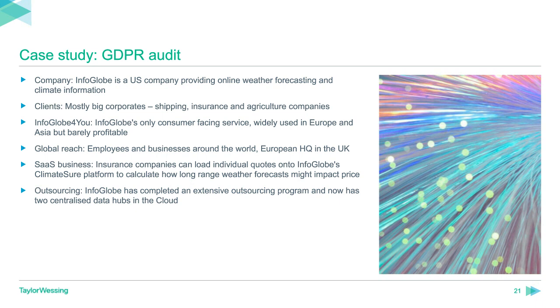So, for example, insurance companies can load individual quotes onto Infoglobe's Climate Sure platform to calculate how long-range weather forecasts might impact on the price of insurance. So it really does integrate into the client and the way in which the client provides, runs, and services its specific products. There is an element of outsourcing too.